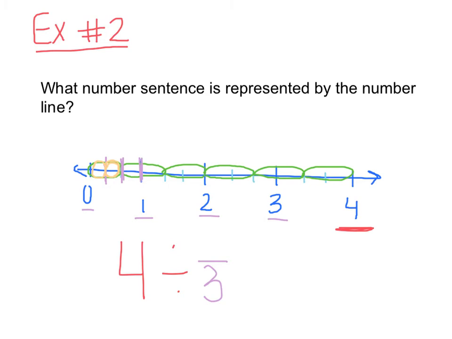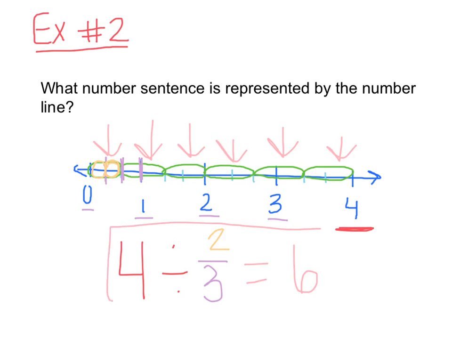Okay, so that is my numerator. And then last, to find my answer, all I have to do is count up how many green circles there are. And there's 1, 2, 3, 4, 5, 6 green circles. So here is my number sentence. 4 divided by 2/3 equals 6.